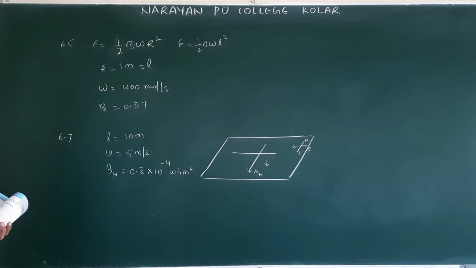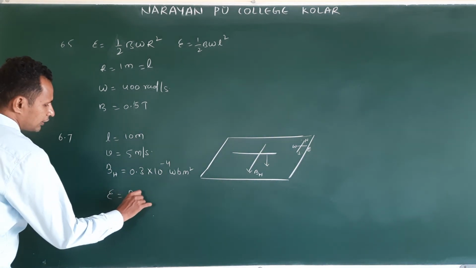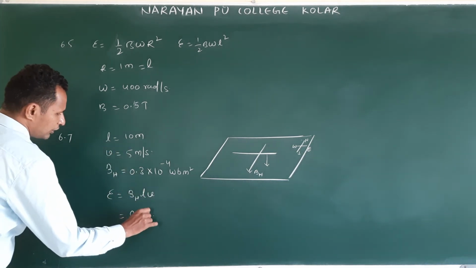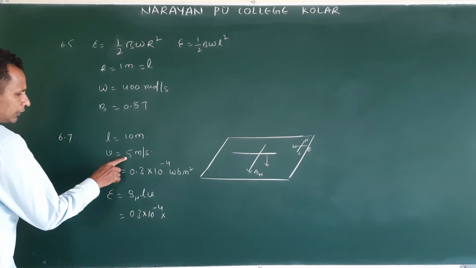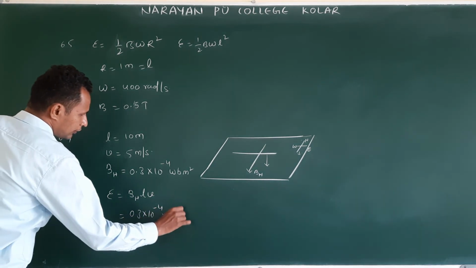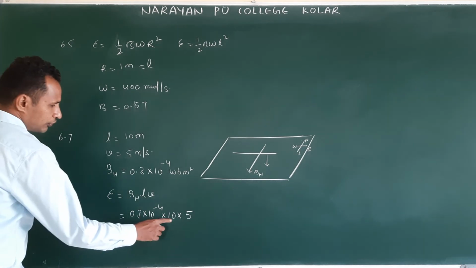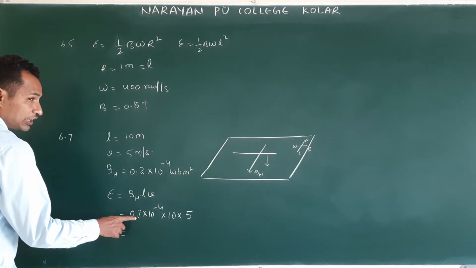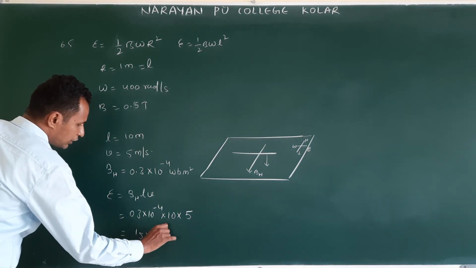So first, the induced EMF: E is equal to BH L V. This is no problem. Directly we get 0.3 into 10 power minus 4 into L, which is 10, into velocity 5. 10 into 5 is 50, 50 into 0.3: the 0 goes, the decimal goes, 3 into 5 is 15. So 15 into 10 power minus 4 volt.